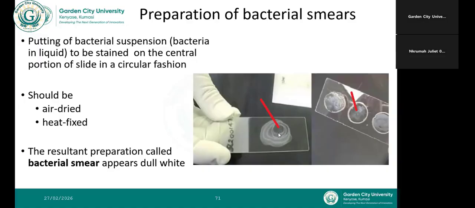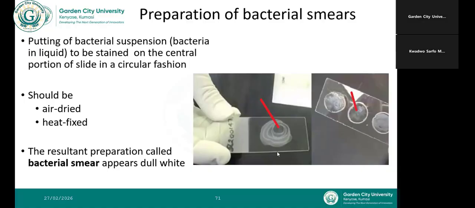If there is oil or debris on the slide, you're going to see artifacts. So always make sure the slides are clean. Then you prepare your smear, you label accordingly. And it shouldn't be too opaque because remember, you're going to use the light microscope to observe.